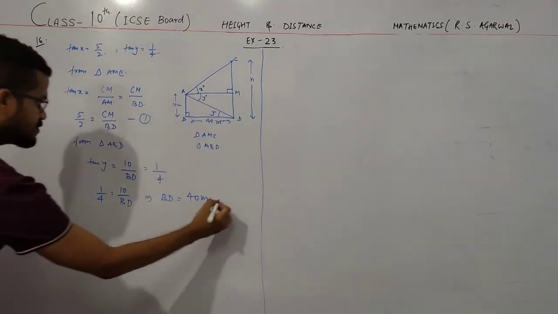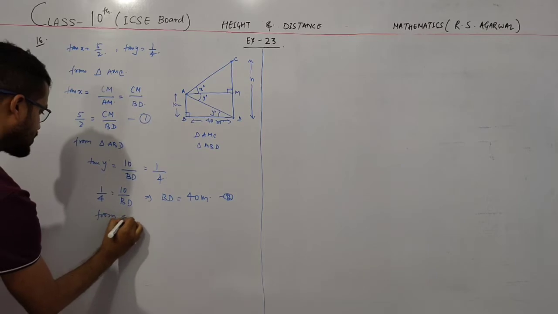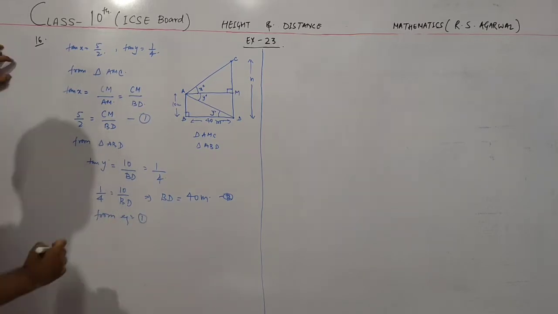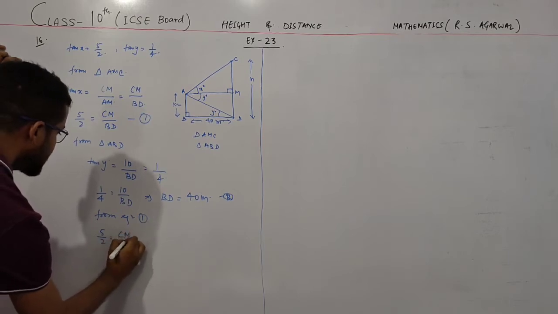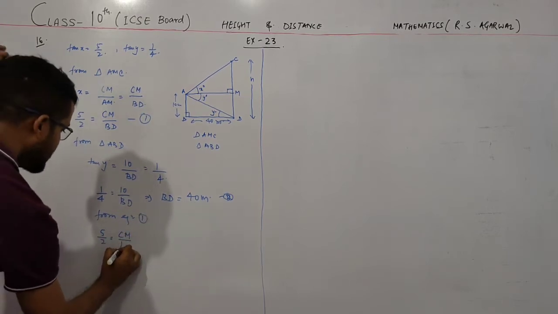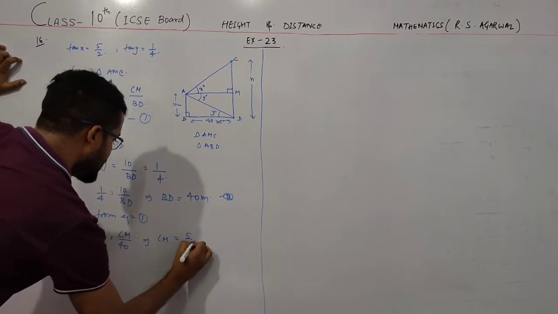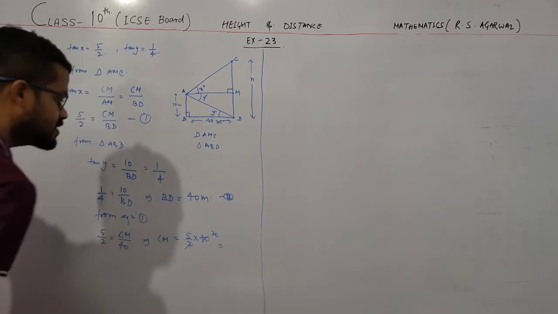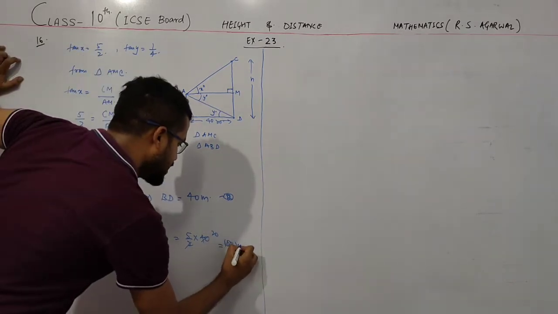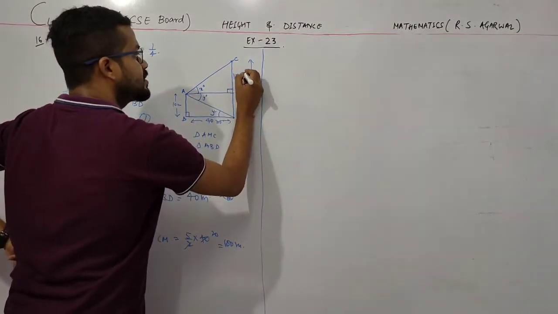So from equation 1, 5 by 2 is equal to CM by BD. In place of BD I write 40. So CM is equal to 5 by 2 into 40, which is 100 meter. The value of CM is 100 meter.